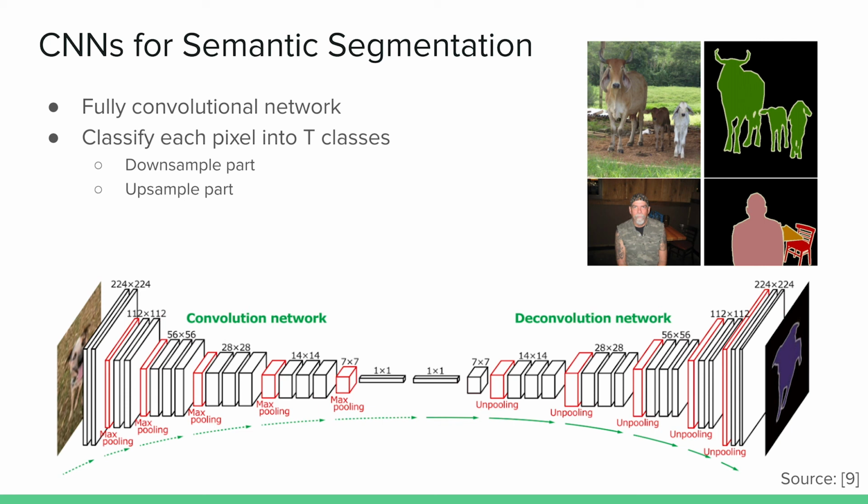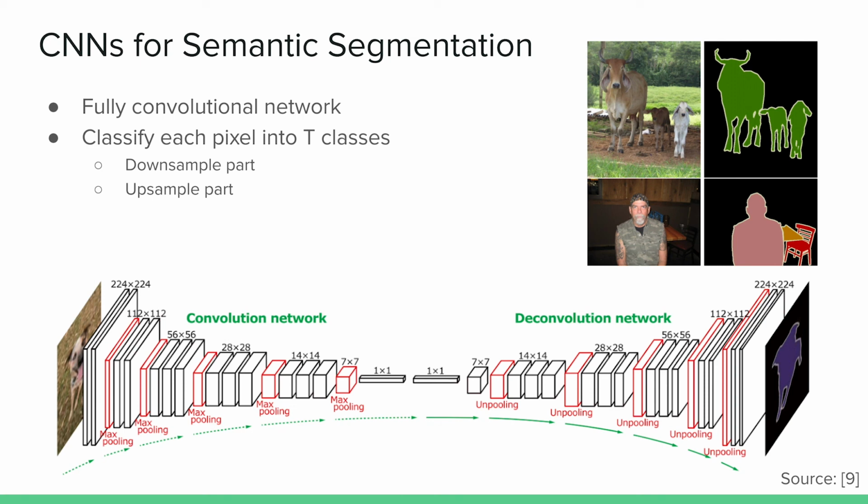In the middle, we have something really interesting: we force the network to make a decision and say what each pixel is. Then we do a so-called upscaling or upsampling part, where we use a deconvolutional and an unpooling layer to get back to the original input image size, but with the information which class should be there.